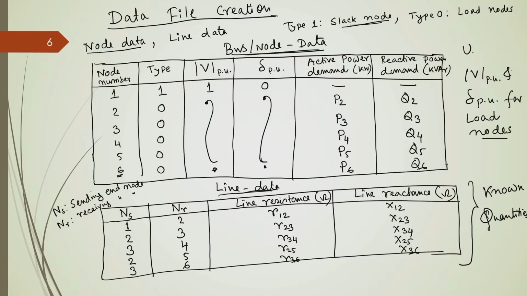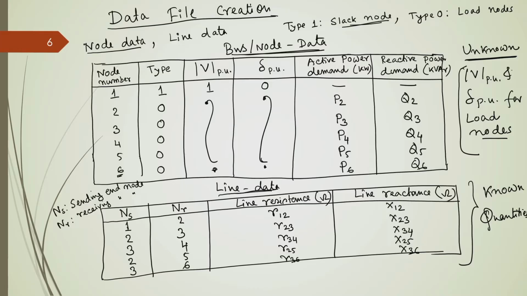Our goal for doing this whole analysis is to find the magnitudes of these unknown quantities, that is, V and delta for the load nodes.